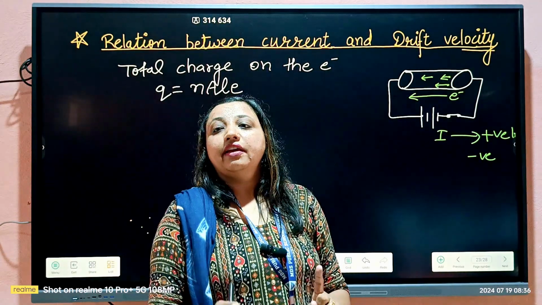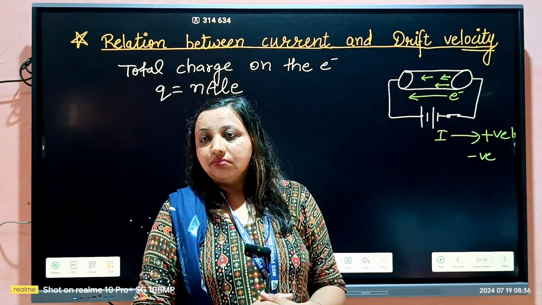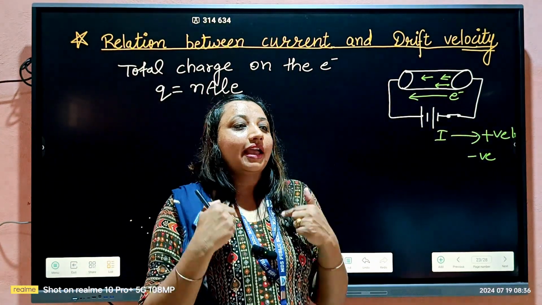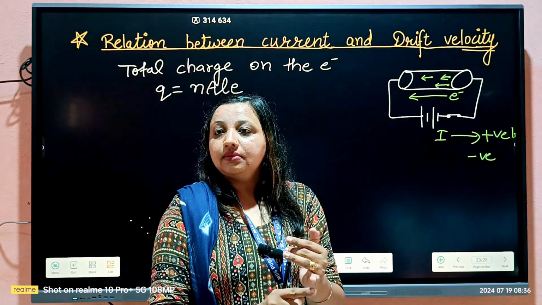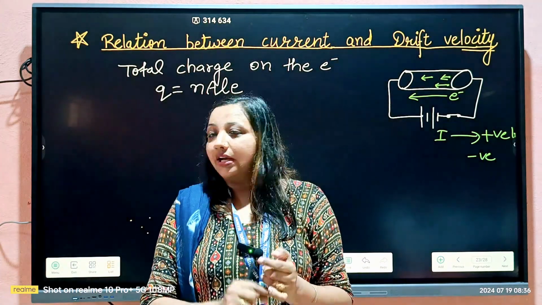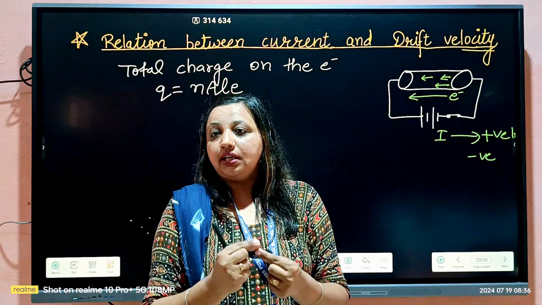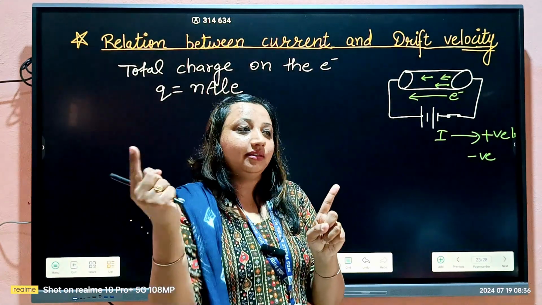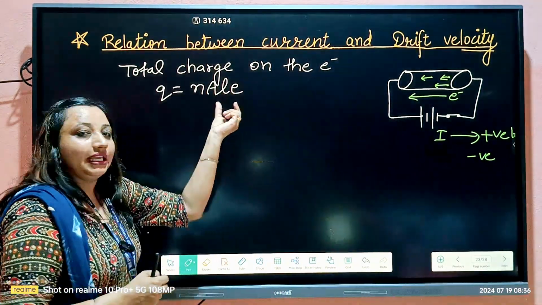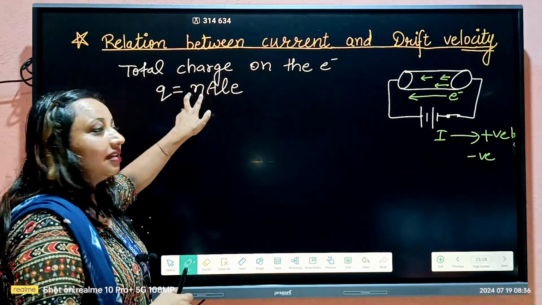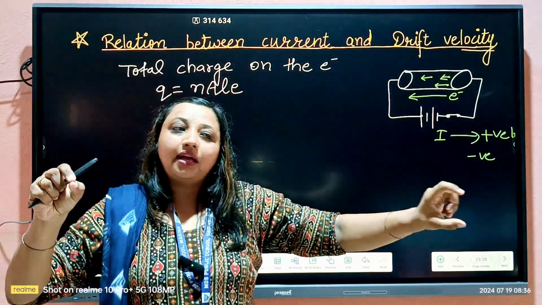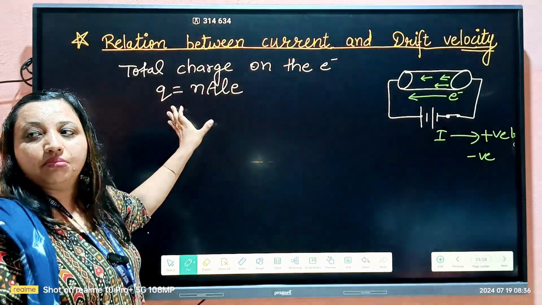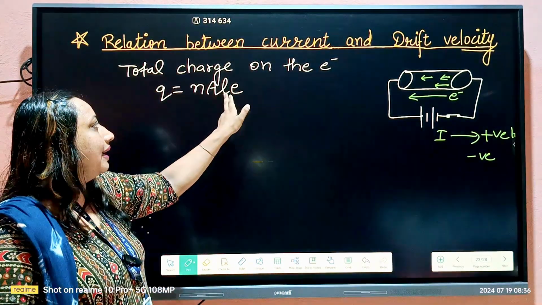If I have to give one toffee to each child in the class, I need one into 13 toffees. Similarly, e is the charge on an electron, n is the number, and they are in the whole volume, the whole conductor. So the charge on all the electrons is Q equals nALe.